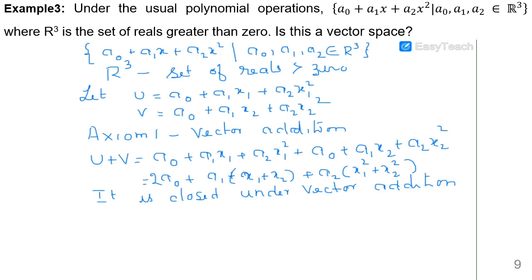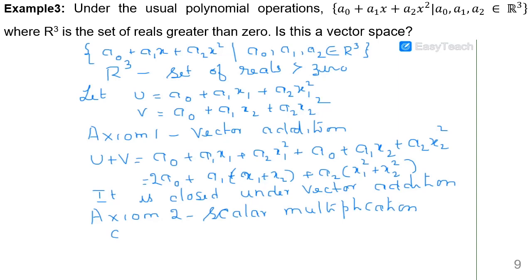Now let us try to apply axiom number 2. It is scalar multiplication. We will try to multiply u with the constant c.